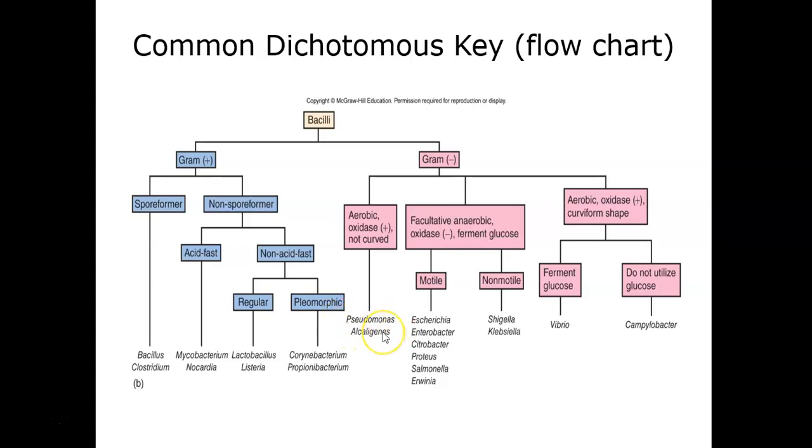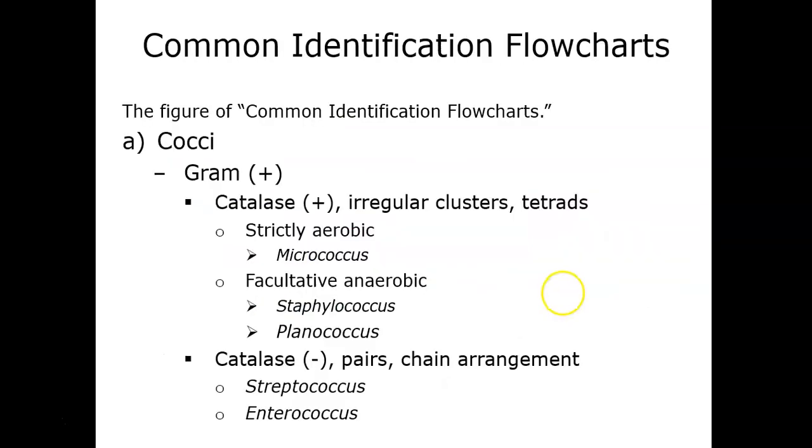So this is a really important tool that takes in a lot of these biochemical and phenotypic characteristics and allows me to get a pretty rough determination of what species I am working with. So we've already talked about the breakdown, the cocci being the spherical. Oftentimes we look at things that are either catalase positive or catalase negative.